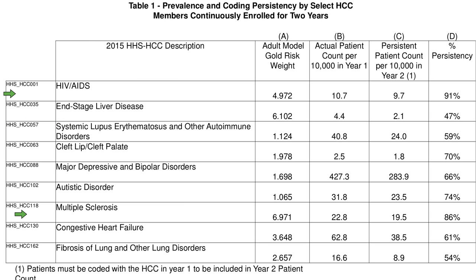So 47% of the patients who had that diagnosis or HCC in the first year continue to have that same diagnosis or HCC in the second year. The question is, where did the other 53% go? Knowing that it carries such a significant risk weight for the population.